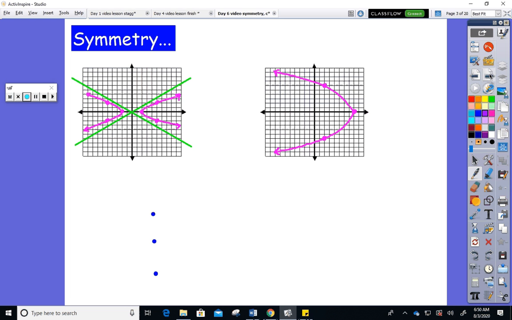Now on these two, stop the video and copy them into your notes. Alright, so these graphs show symmetry with respect to, do you know how to answer that question? If you have already filled in x-axis, you are right.